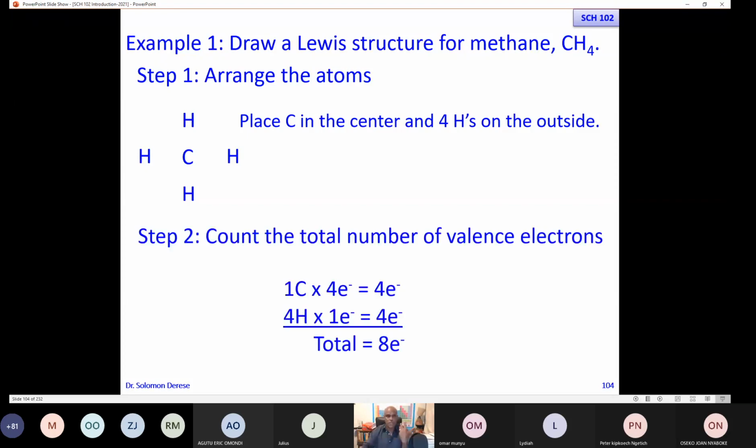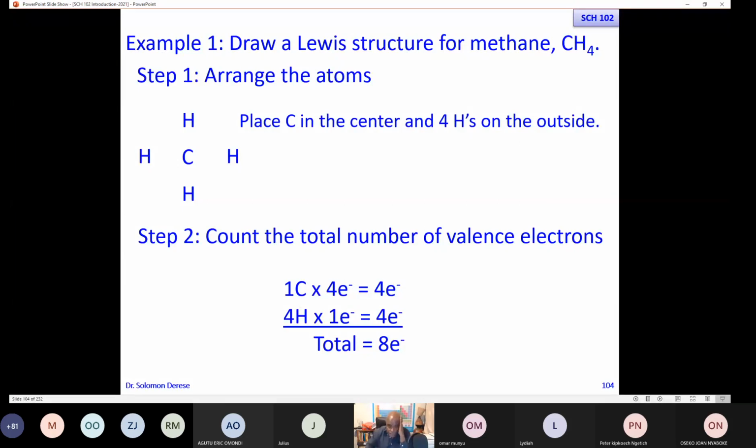So therefore, the total number of valence electrons of the molecule of methane is 8 electrons. Okay, 4 electrons coming from 1 carbon and 4 electrons coming from the 4 hydrogens, each of them contributing 1. So this is the total number of valence electrons.